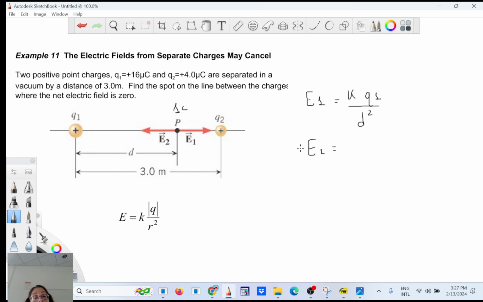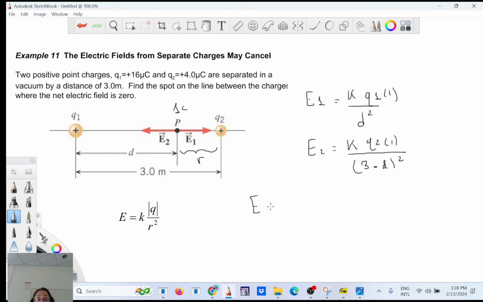E2 will be to the left, but it's going to be K times the source of the electric field, which is Q2. You can put a 1 coulomb if you want, times 1. And then the distance between the source and the point, what's that distance? Because I have 3 and I want D in my equation. So that distance will be 3 minus D, or you call it R, squared.